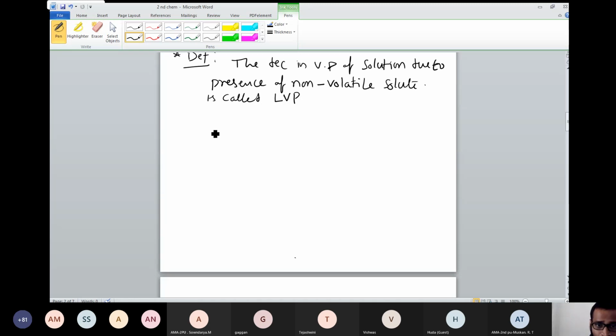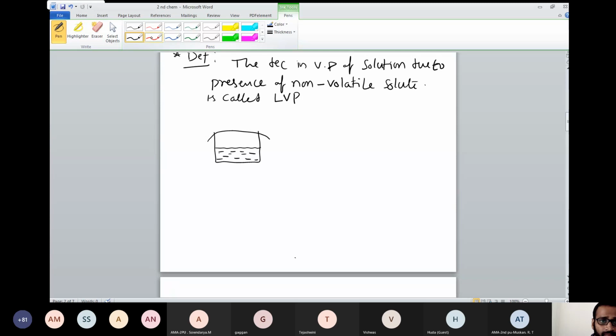I'll draw two beakers here. It is completely closed like this, and up to here you have liquid. Here you have vapor.